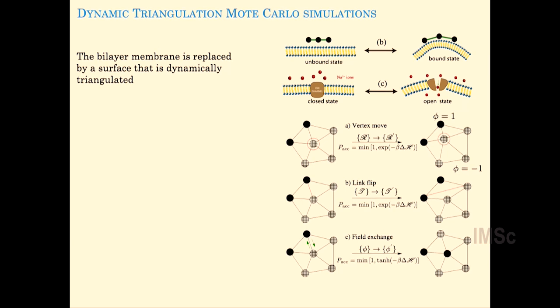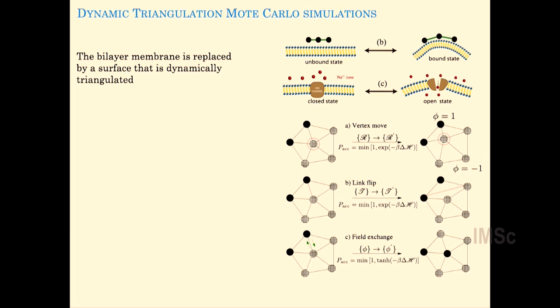You can also have things sitting on it. These vertices can be decorated, and here I'm showing you a dark patch and a hashed patch. These things can then diffuse freely on the surface, and that is facilitated through a Kawasaki exchange move. You can exchange these, and again a curvature change would be there depending upon whether there is a preferred curvature different between these points and these points.